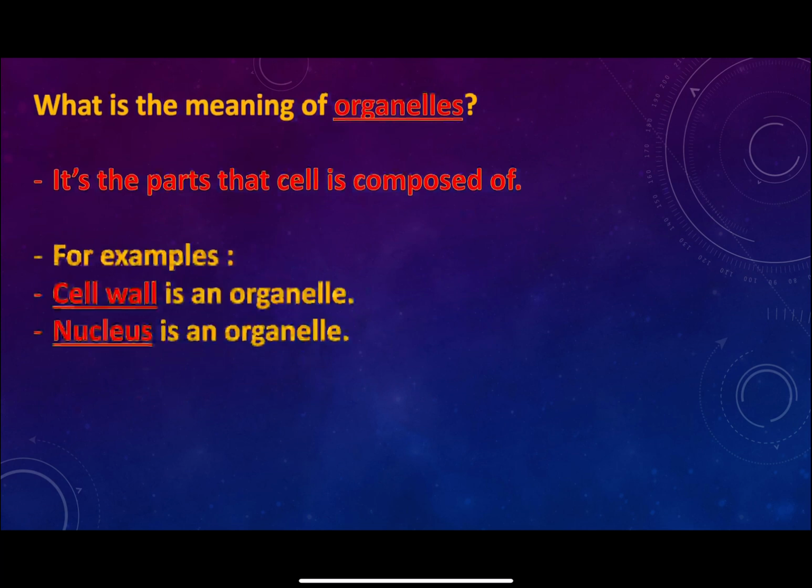If I take the plant cell, I will find it contains different parts, such as cell wall, nucleus, vacuole, and so on. If I take one part, like the cell wall, I can call it an organelle. So the cell wall is an organelle, the nucleus is an organelle, the plasma membrane is an organelle.